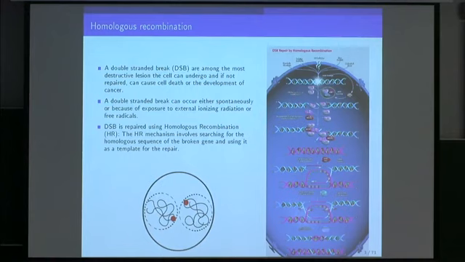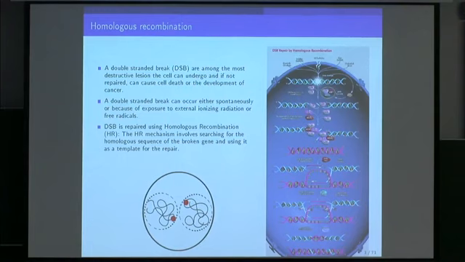One way to do it is to use a homologous sequence, or if you're in S phase and you have another chromosome sitting just next to you, you can potentially use it as a template for repair. The way it works is that this double-stranded break is going to scan the volume of the nucleus, which is huge. For yeast, the diameter is 1 micrometer, and this is a spot or a locus of the order of nanometers.